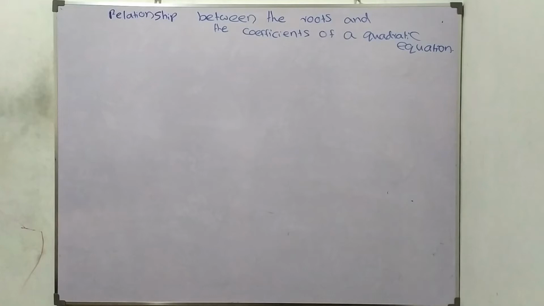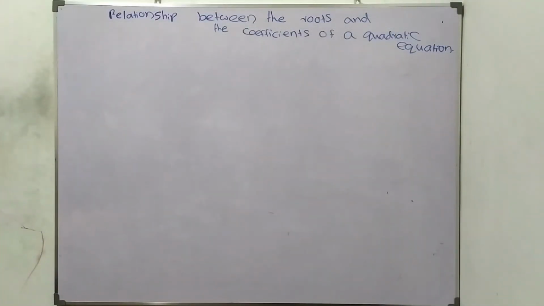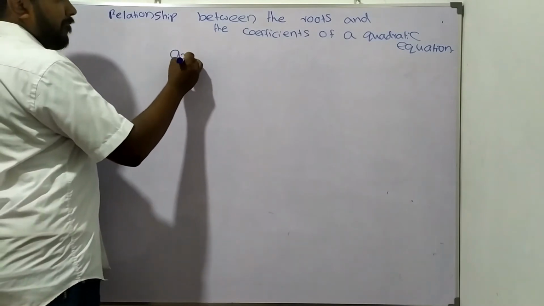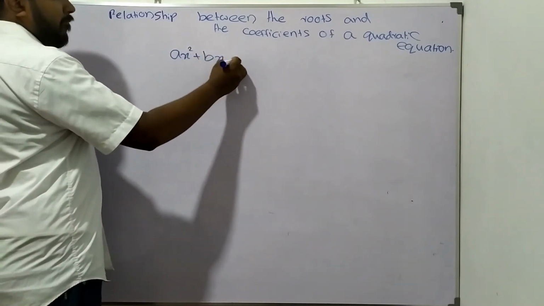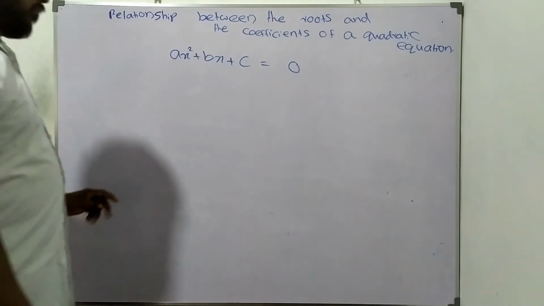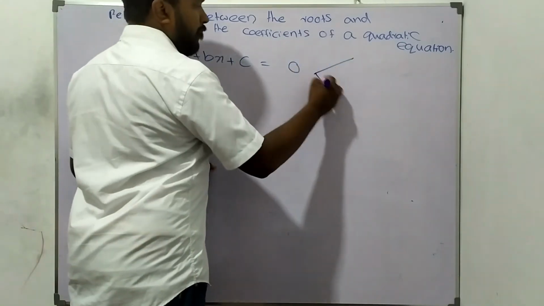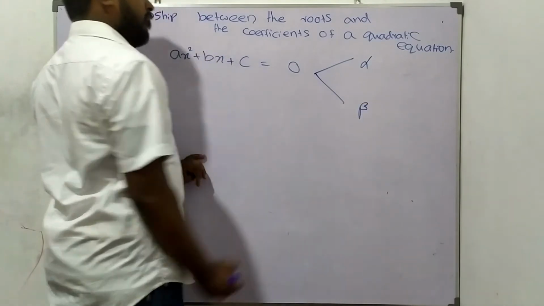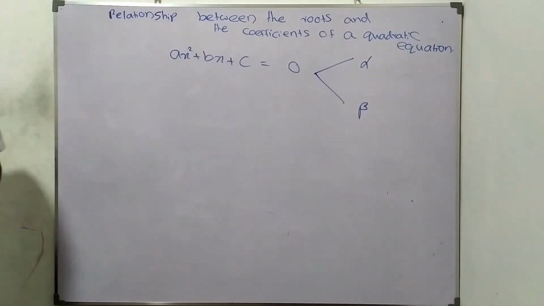So now I'm going to continue this part: quadratic equation, relation between the roots and the coefficients. So ax squared plus bx plus c equals 0 is my quadratic equation, and I assume it has two roots, alpha and beta, as the real roots.